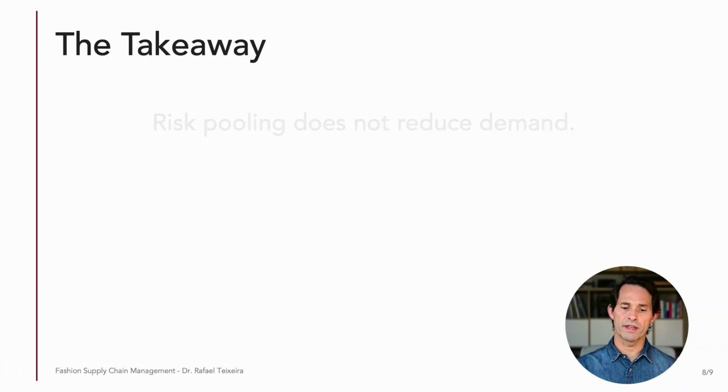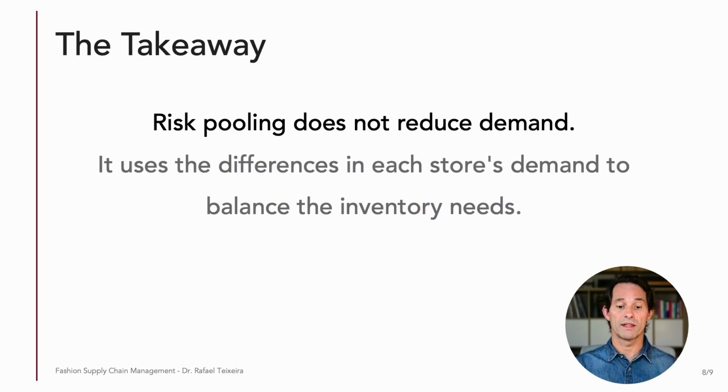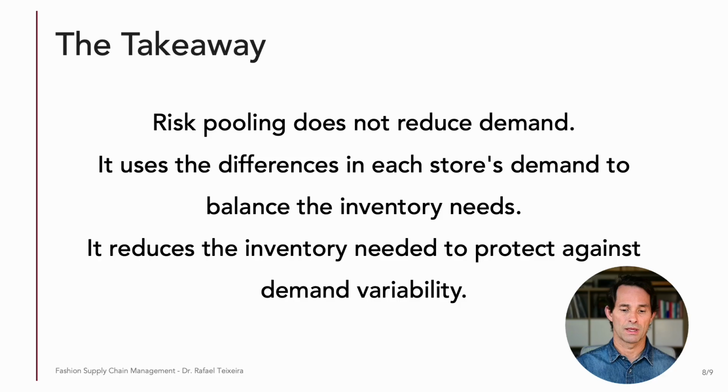So the takeaway is that risk pooling does not reduce demand, it doesn't change demand. Demand is still the same. The variability in demand is still the same. What risk pooling is doing is using the difference in each store's demand to balance the inventory needs. It reduces the inventory needed to protect against demand variability.